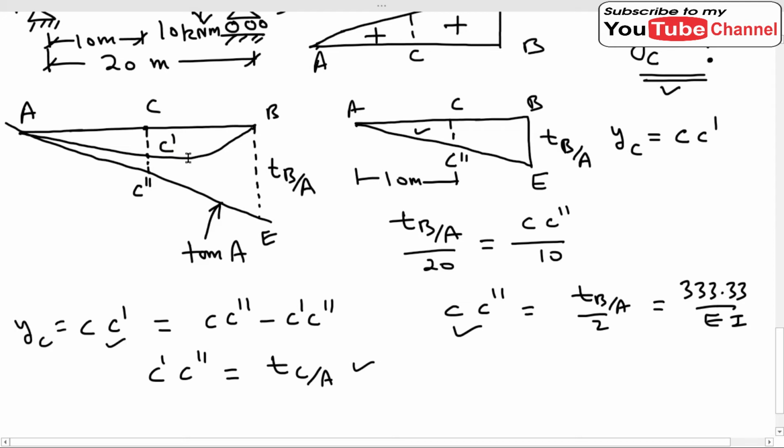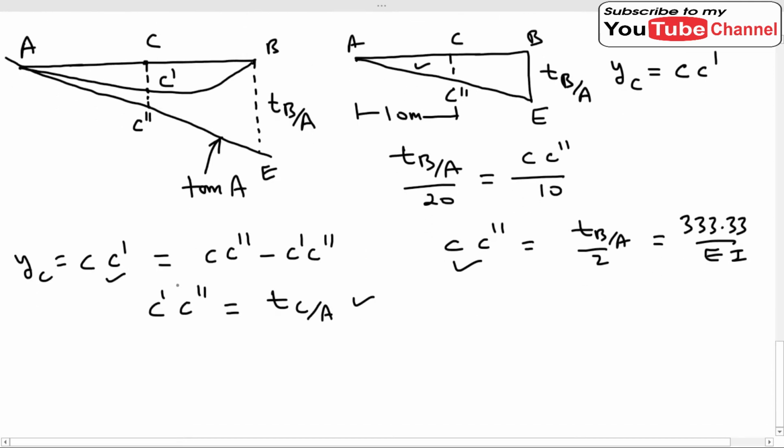So let us find out the value of TC over A. The value of TC over A will be equal to 1 by 2 into 10. Which area will we count? We will count the area from A to C, from the bending moment diagram.